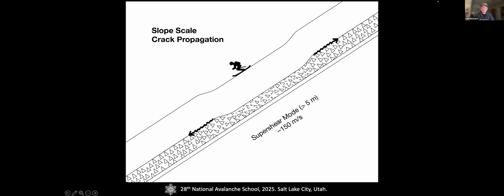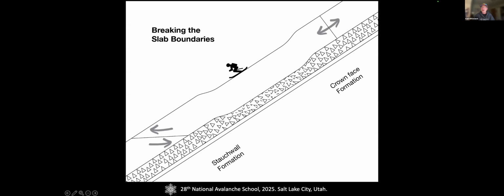And then as that bit of snow begins to move downhill, that increases the shear stress along the weak layer, and the movement of the slab then drives what we call super shear. So very, very rapid crack propagation in both directions, upslope and downslope, in shear.